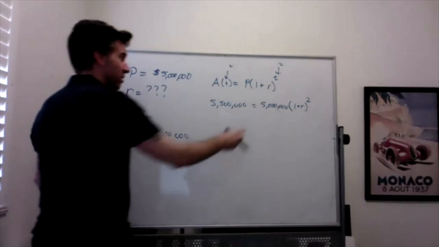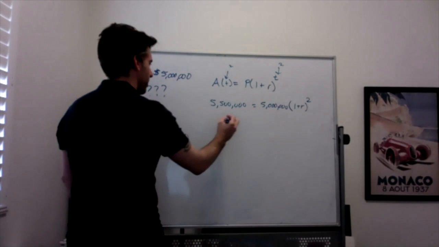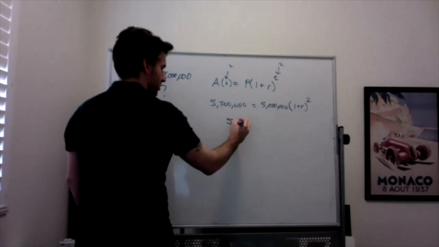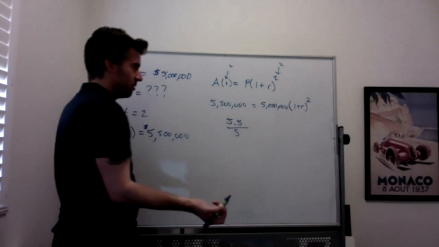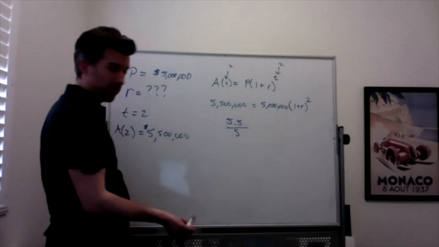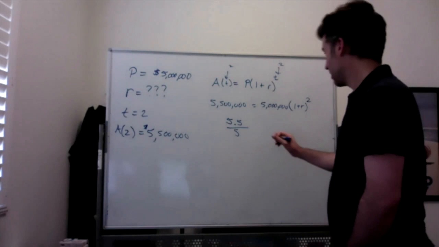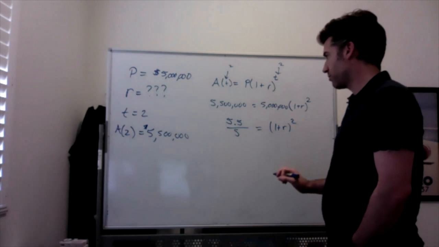So I'm trying to solve that equation. I'm going to divide both sides by 5 million. I'm going to drop the zeros, right? I could write 5.5 million over 5 million, or I can write 5.5 over 5. I can cancel out all those zeros. You can write 55 over 50 if you don't like that. And this is essentially going to be 1.1 equal to 1 plus r squared.